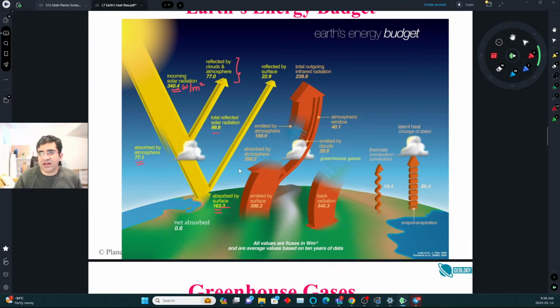Total reflected is roughly 99, so that becomes 1/3, because some of it is reflected by the surface also. Some of these diagrams that you will see are not very good, in the sense that many of them will ignore this part.